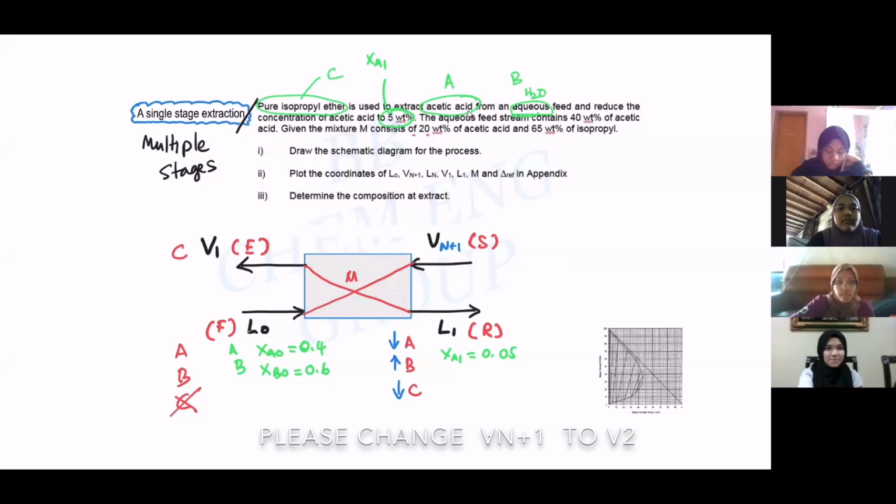So you have A and C. So you're going to have a large amount of solute and a large amount of solvent in your extract.